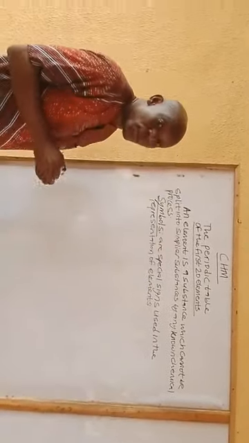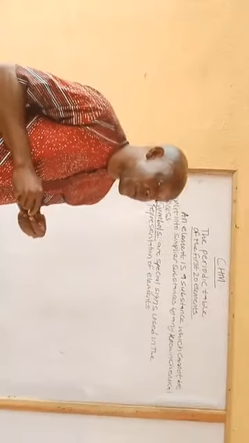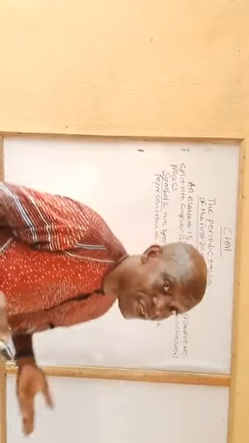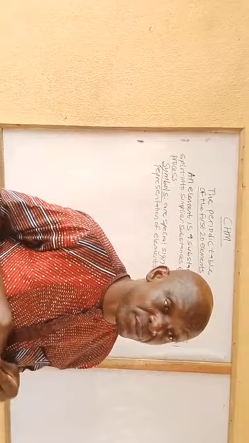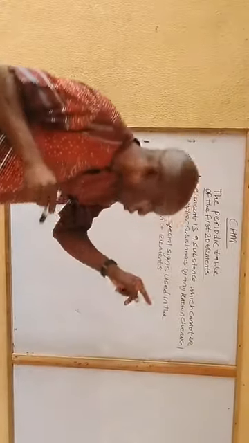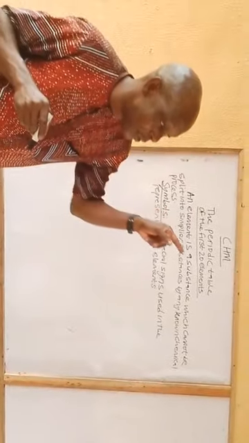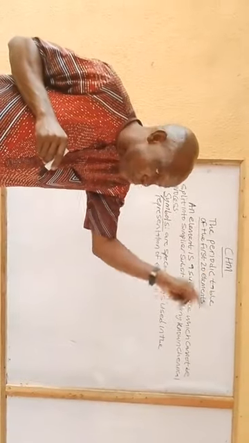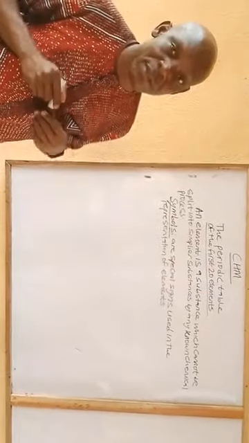So that is to say, most of the elements can be recognized through their symbols. Once you see a symbol, you should be able to know that it is representing a particular element.